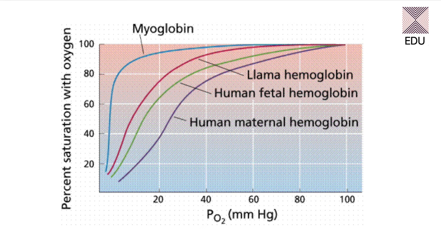As we have discussed in the previous slide, llama hemoglobin is far better than the human hemoglobin, but here we have taken two human hemoglobins, and they are again better than the adult human hemoglobins. What we have taken is the green line, which is for human fetal hemoglobin.